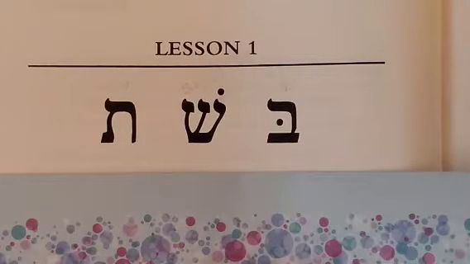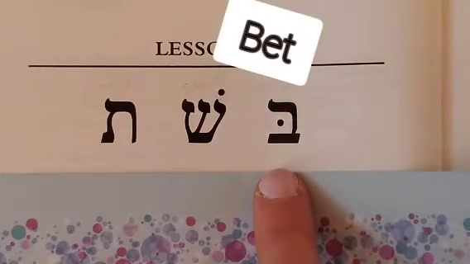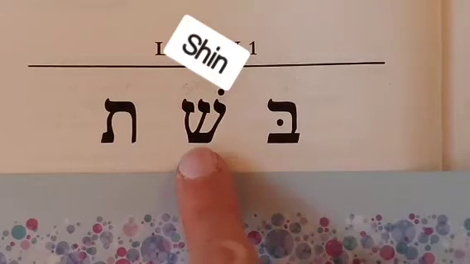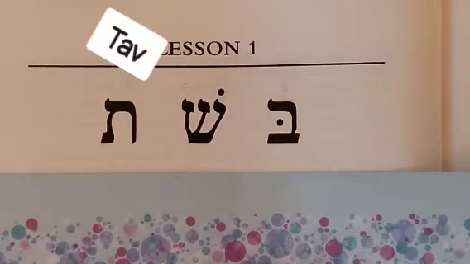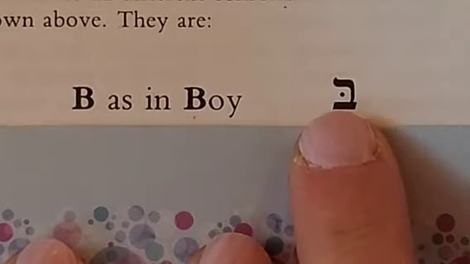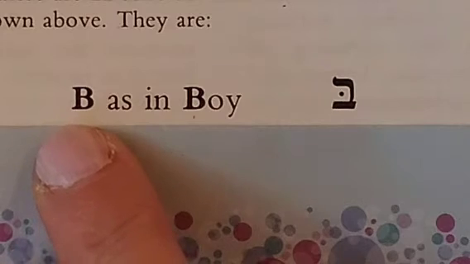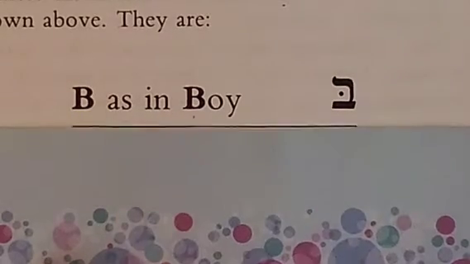All right, lesson 1, we are learning these 3 Hebrew letters. I know from previous work that that's a bet and a shin and a tav, but I'll take you through that. Okay, we're going to start off super simple. We've got this letter that's bet, and it makes a sound as b, as in boy. Pretty easy.